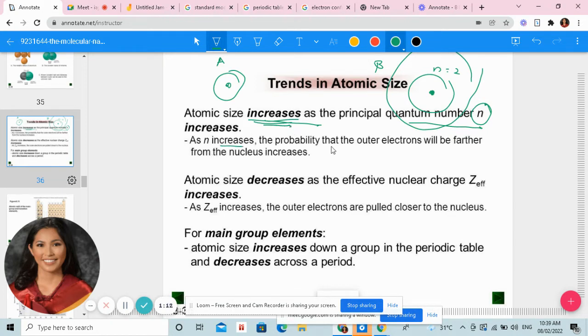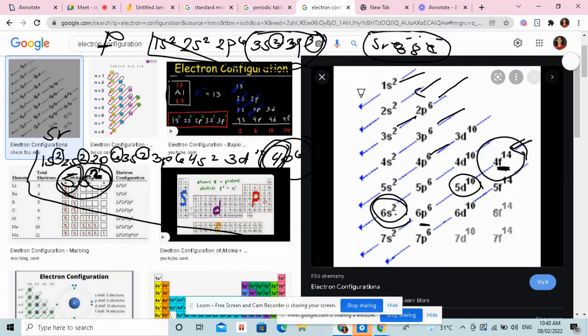Now, as n increases, the probability that the outer electrons will be farther from the nucleus also increases. We also have that atomic size decreases as effective nuclear charge increases.